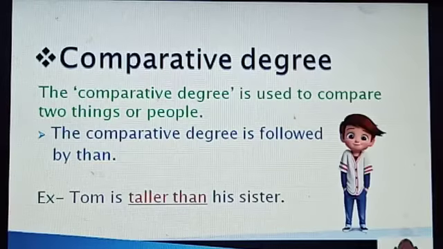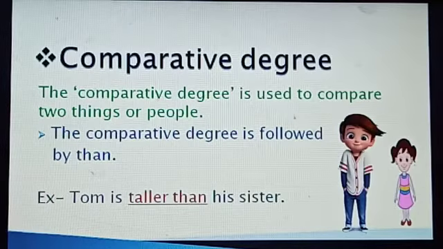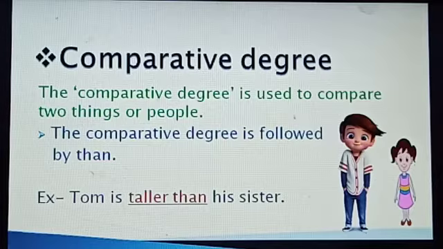Tom is taller than his sister. In this sentence, the word taller is an adjective used to compare the tallness of Tom and his sister. And in this sentence, it is telling us that Tom has more of the quality of tallness than his sister.